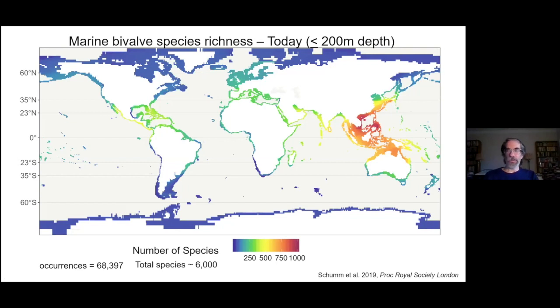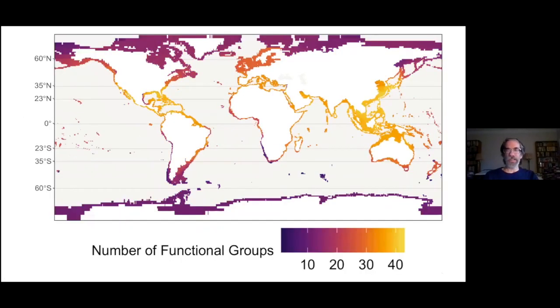We can also look at functional diversity. Now, functional diversity is only about 42 functional groups in the bivalves as a whole right now. And you can see that they pretty much reach saturation in all of these tropical regions. There aren't that many more functional groups, just 1 or 2 in that massive biodiversity peak in the tropics in the Indo-West Pacific, and about the same number, just 1 or 2 fewer in the Caribbean.